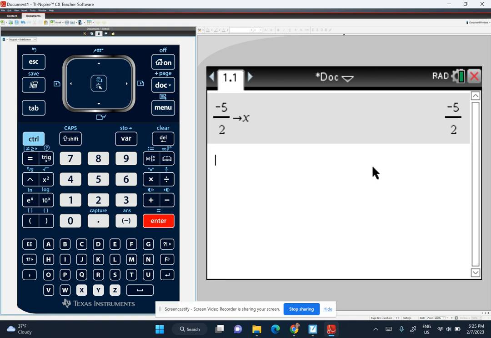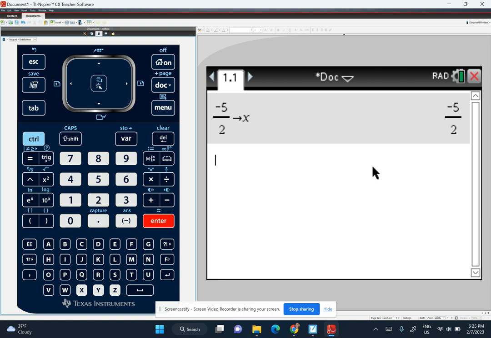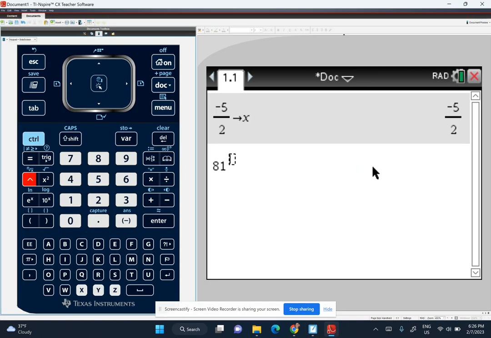And now we're going to type the right-hand side, so 81 to the x cubed plus 2x squared. So 81 caret, x cubed plus 2x squared.